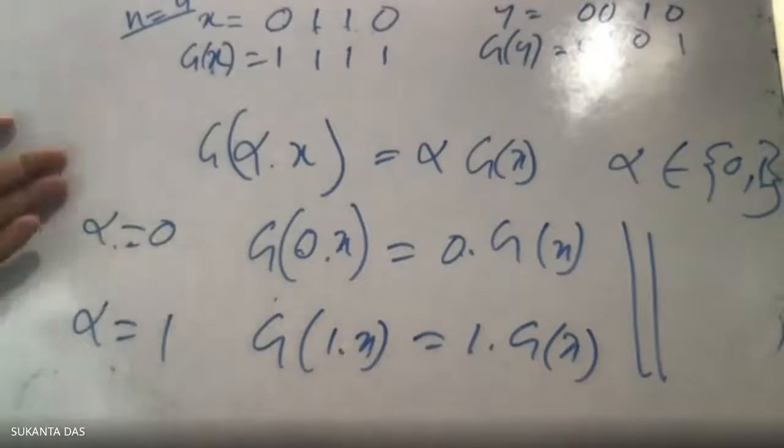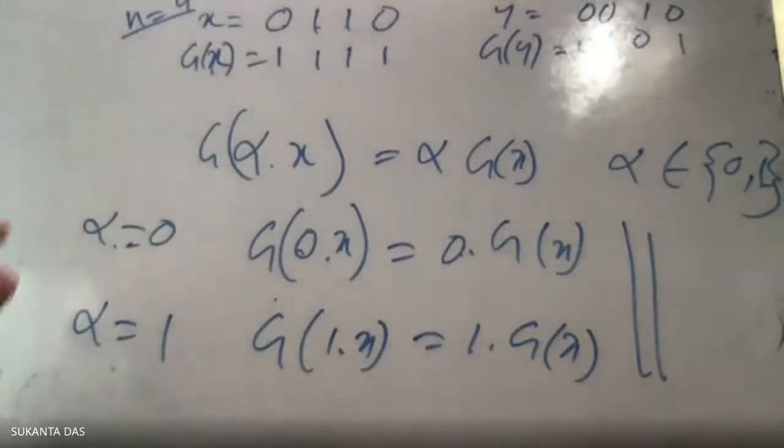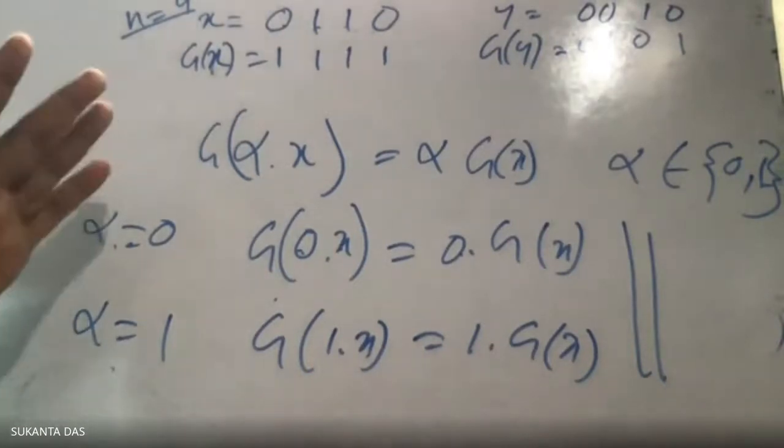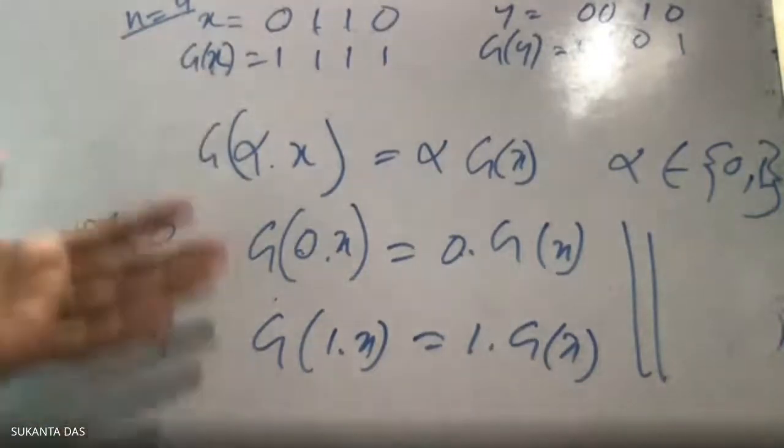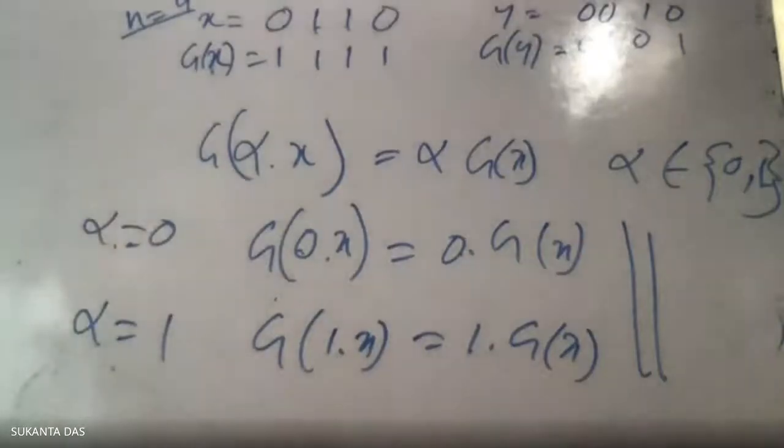So therefore, if a CA is additive, then the CA is linear. I have shown already that ECA rule 90 is additive, and by default it is homogeneous.